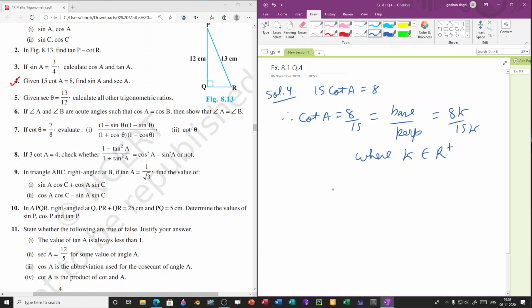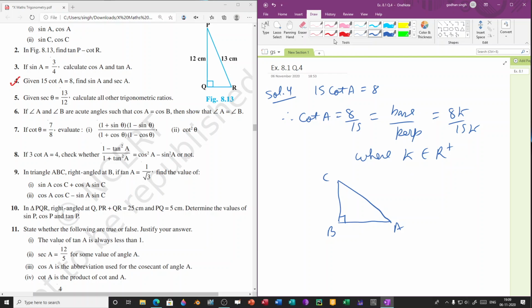Now we'll draw a rough figure for this. So we'll draw a right triangle, and what angle is given here, A. That means obviously A is not 90, so we can write A here. So this is our B, and C I am writing here. Now we know what is base.